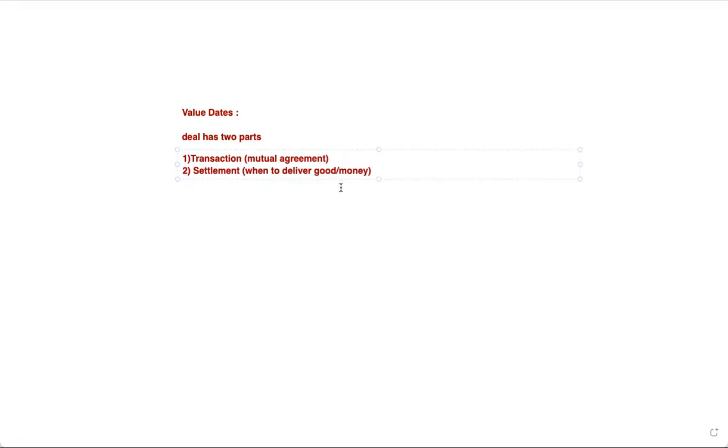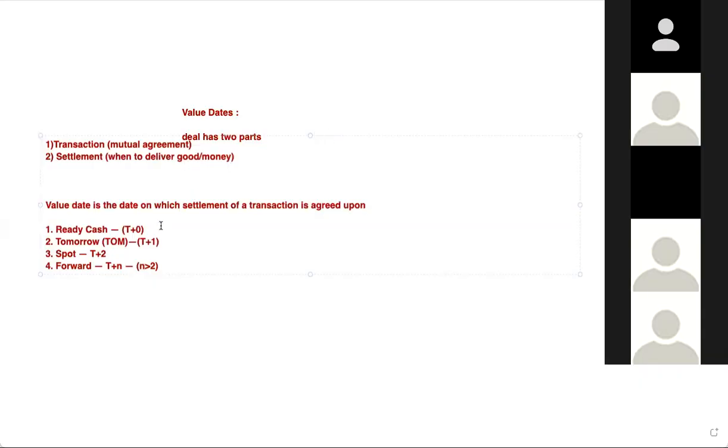Second part was when she gave me the 3 furnitures and I gave her the money. Did you understand? So, okay. So value dates are the date on which settlement of a transaction is agreed upon. This is all based on prior agreement. Ready cash, you agree upon the payment today and payment on ready cash basis. So transaction happens, settlement also happens immediately or by the end of the day.